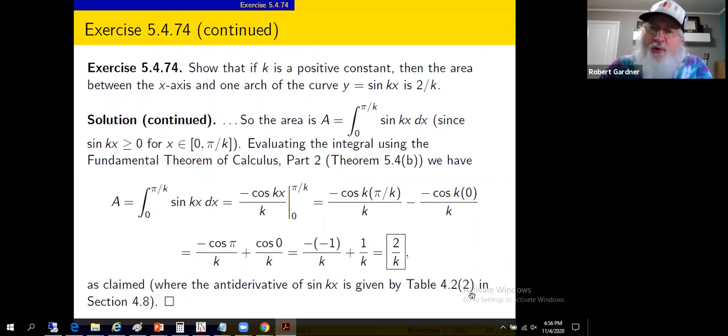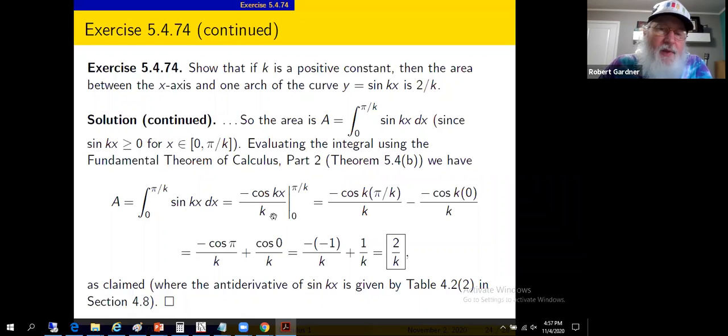I refer you to table 4.2, entry 2, from the previous chapter, or think about it. When you differentiate this cosine kx part, derivative of cosine is negative sine kx times k by the chain rule. The negative that comes out of differentiating the cosine will cancel with that negative. The k that comes out of the chain rule will cancel with that k, and indeed you'll get this back.